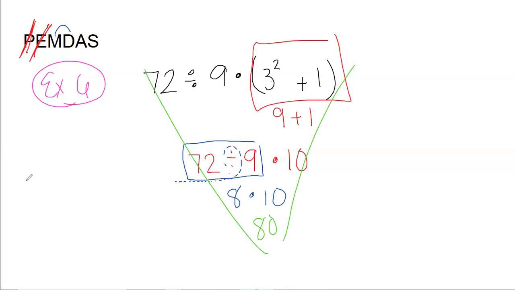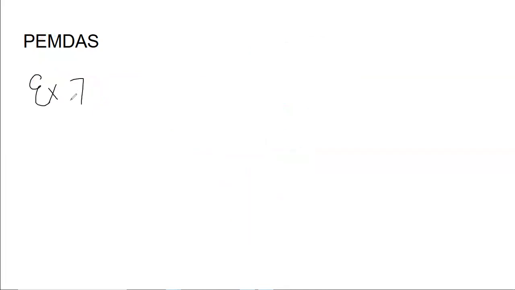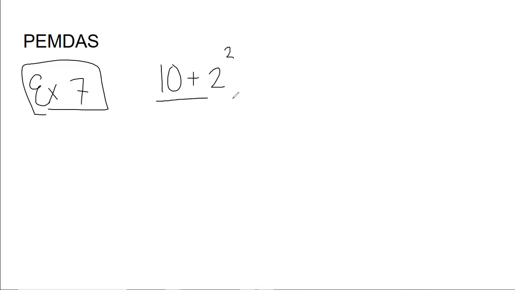Example 7. I'm going to do it with, it looks like a fraction, but it's not. Let me show you what I mean here. I'm going to do 10 plus 2 squared over 7. So it looks like a fraction, but don't be scared. That's not a fraction. I mean, it is. But this fraction symbol is also a divide.